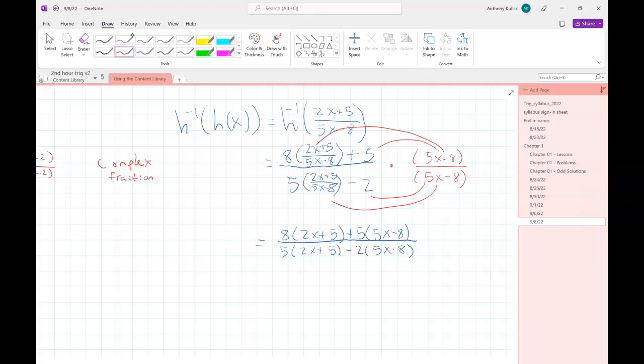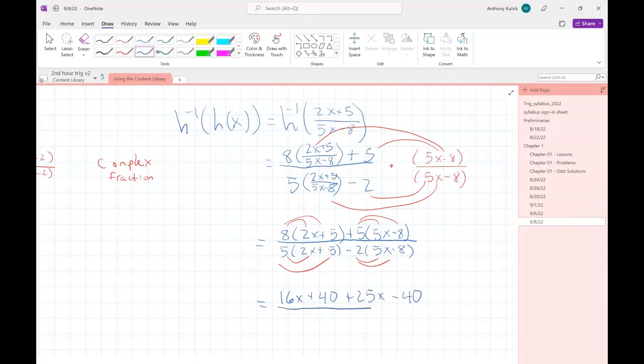What do I do here? Distribute. Just feeling a little bit more familiar now, going through it a second time.